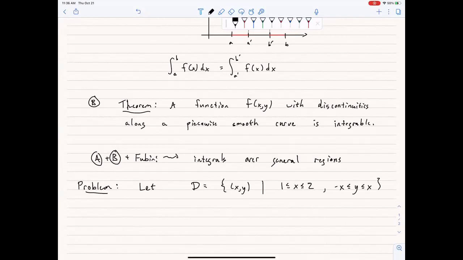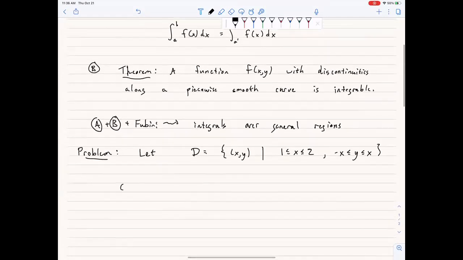Now, the problem would be to compute the double integral over this domain, which is not a rectangle, of 2x squared y dA. Double Riemann integral.